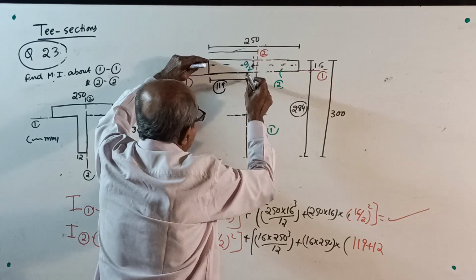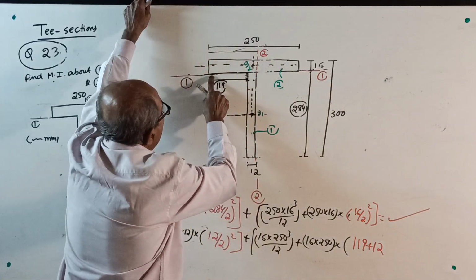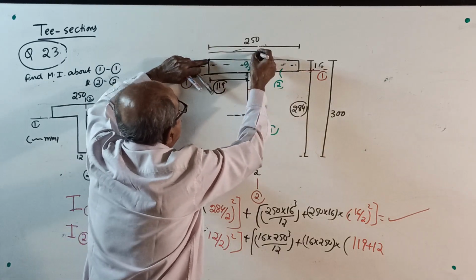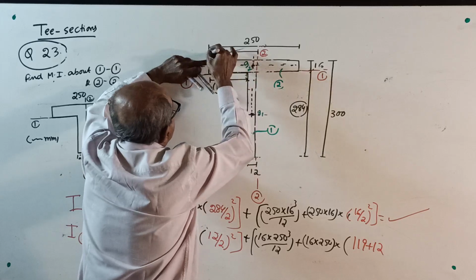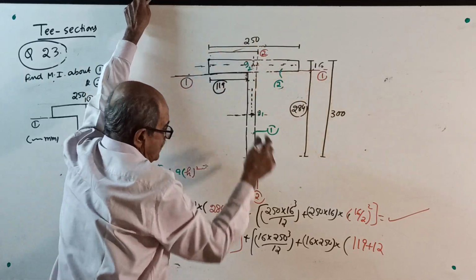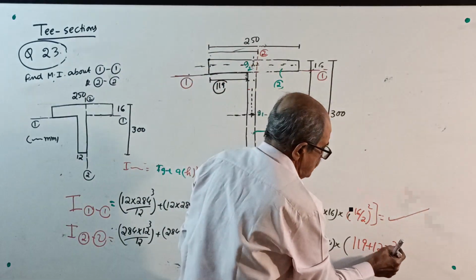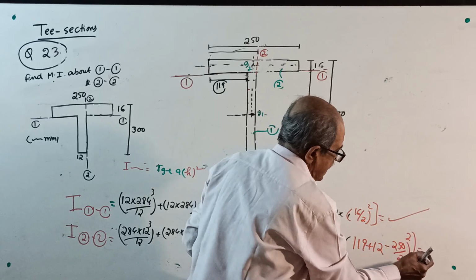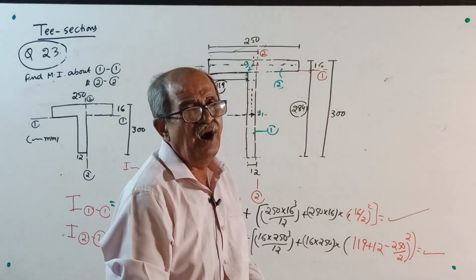Up to here, you require the offset. 119 plus 12 will give from here to this edge. So from that distance, subtract this distance, midpoint, minus 250 by 2, 250 by 2 whole square, calculate the answer. This all explained for you.